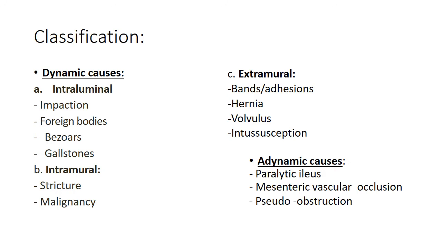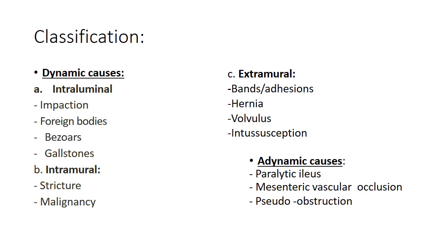And in intramural, mainly two causes occur. First one is a stricture and second one is malignancy. And extramural causes are band and adhesion, which in fact is the commonest cause of intestinal obstruction. Next is hernia, volvulus, and intussusception.